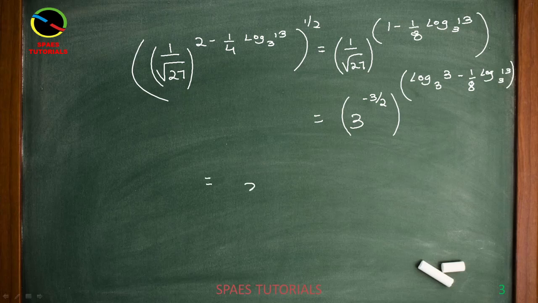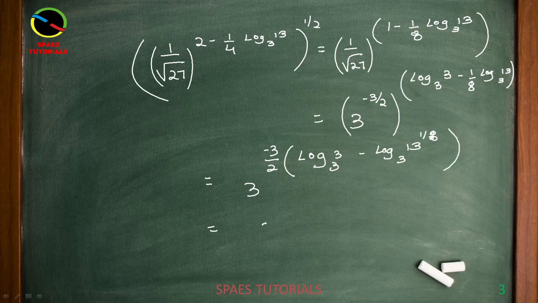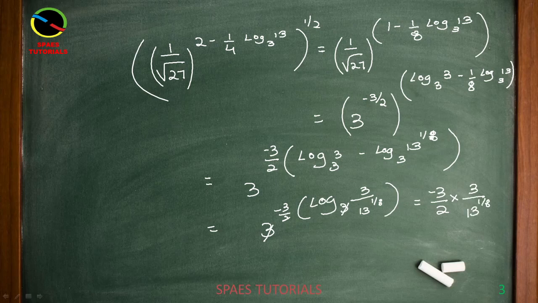So it becomes 3 power minus 3 by 2 into log 3 base 3 minus log 13 power 1 by 8 base 3. Now it becomes 3 power minus 3 by 2 into log of 3 divided by 13 power 1 by 8, base 3. Now this base 3 will get cancelled. Directly we can write the answer as minus 3 by 2 into 3 by 13 power 1 by 8.